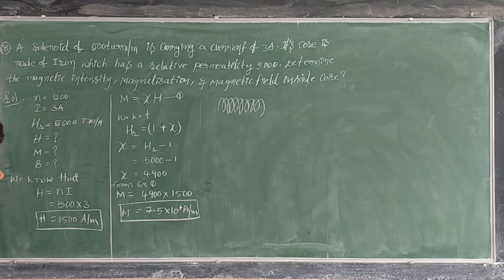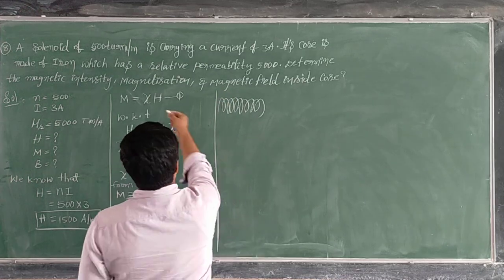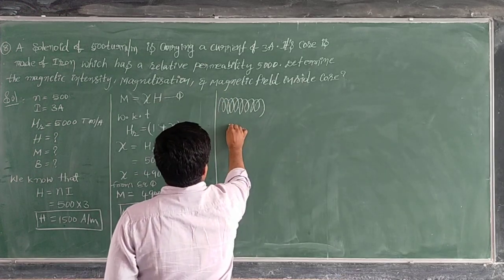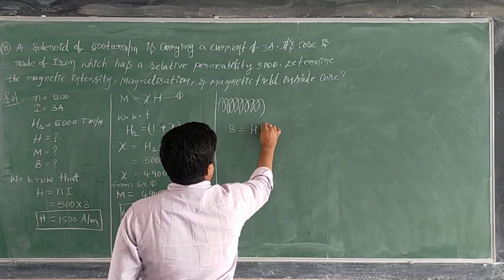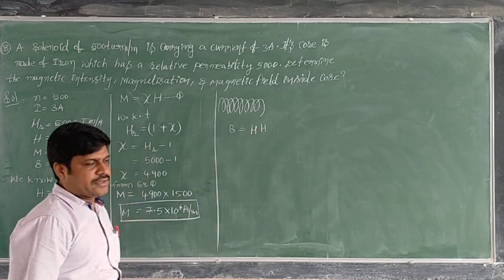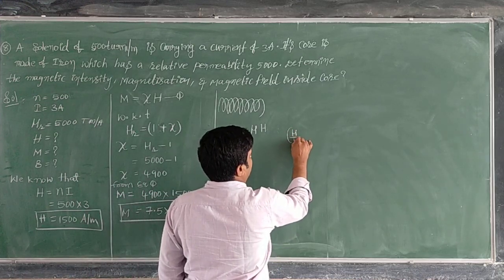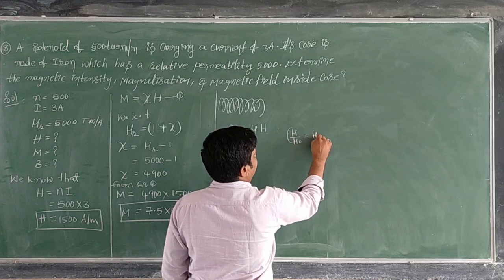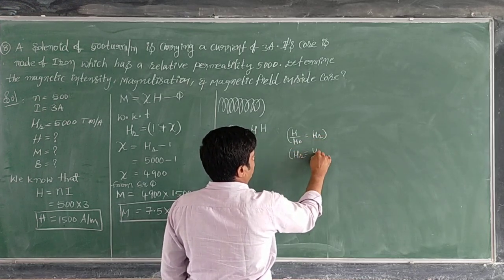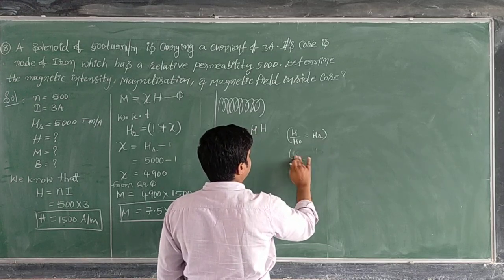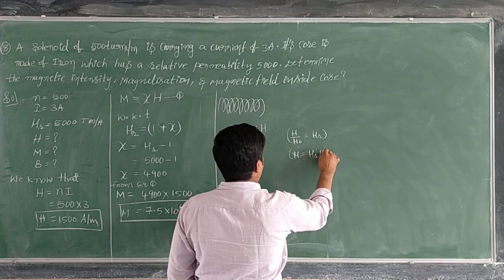And thereafter, which one we have to find out? Another one, magnetic field. Now from these two, is there any solution for magnetic field? Magnetic field is equal to permeability into H. But permeability is mu, and mu by mu naught is the relative permeability, so magnetic permeability is equal to mu r into mu naught.